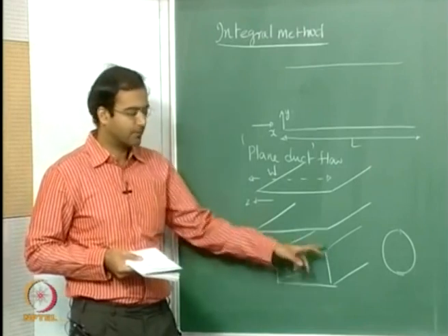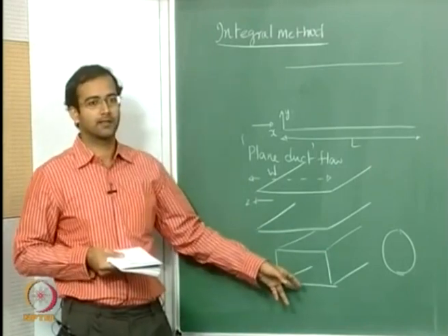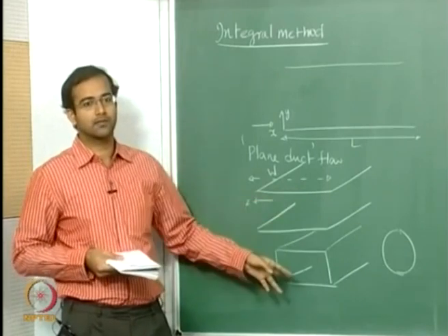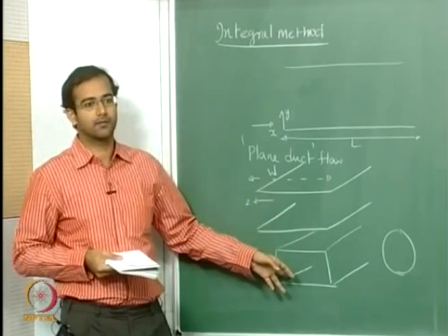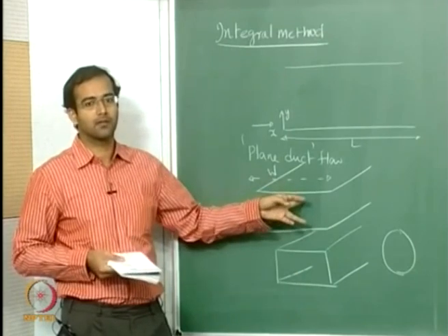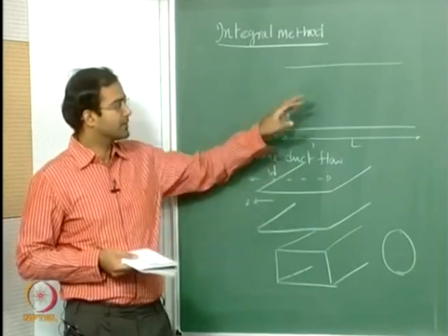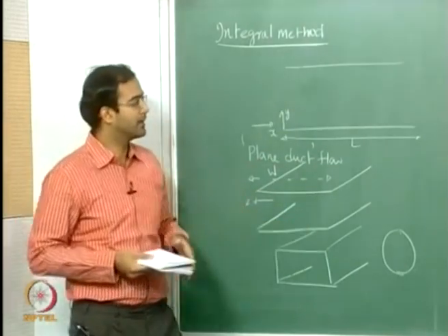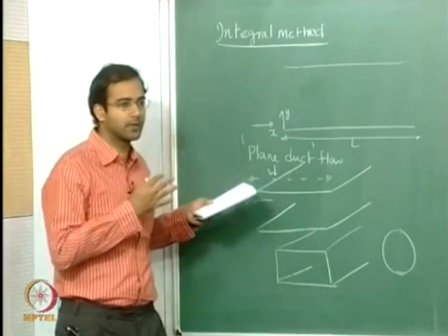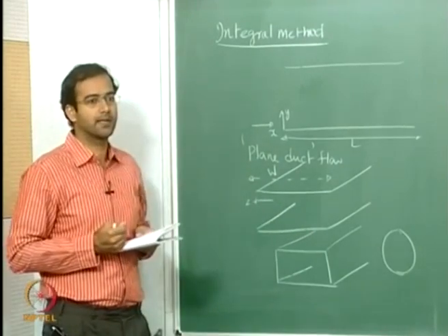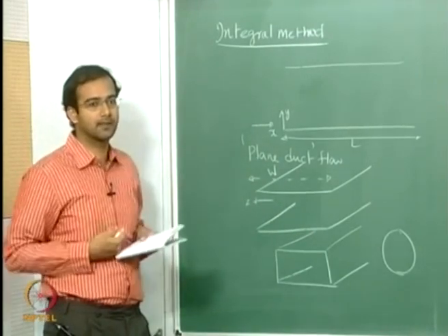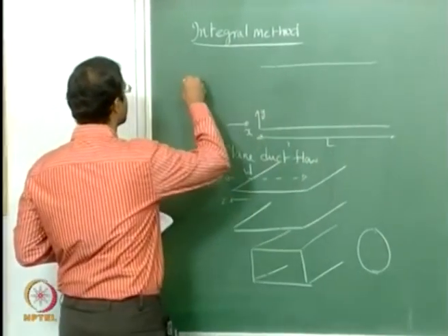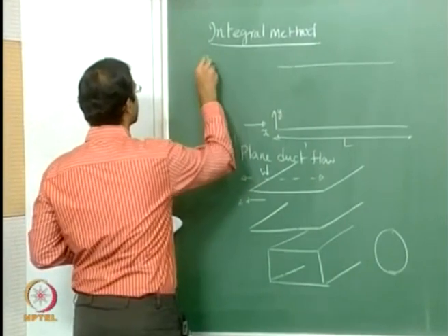Therefore you have to solve this in all the 3 coordinate directions, and the limiting case, the 2-dimensional case of this duct with a finite cross section, is your plane duct flow. So this is where we consider the 2-dimensional approximation of the plane duct flow, where you look at the 2D flow varying along the x and y directions only without looking at the z direction. This is nothing but flow between 2 parallel plates or a plane duct.